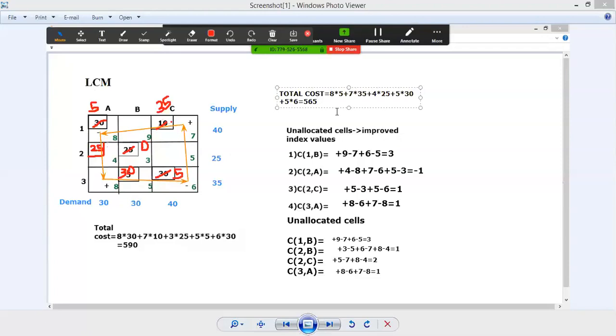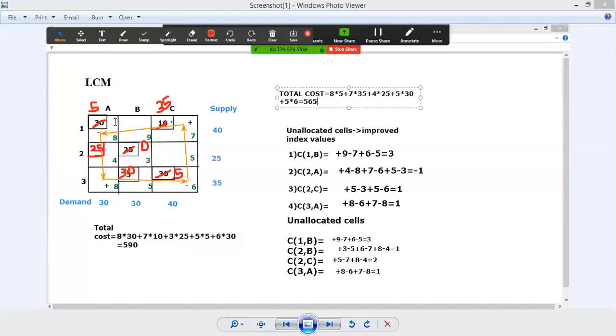So this was the optimal cost which we obtained by using the Vogel approximation method. Yes, right. So that indicates that this is the optimal solution. In the least cost method, the solution obtained was 590.